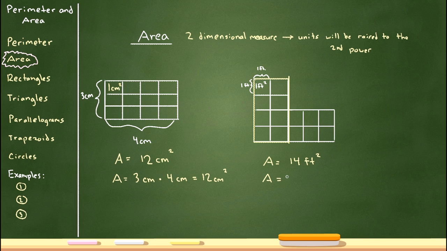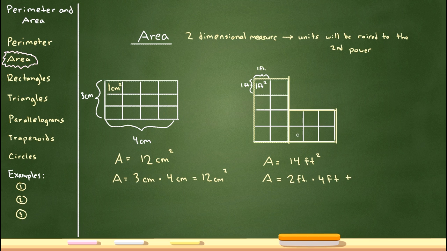So this would be 2 feet times 4 feet. So that's the area of my first figure. And then we would need to add in this second figure here. Okay, so 2 feet times 4 feet.